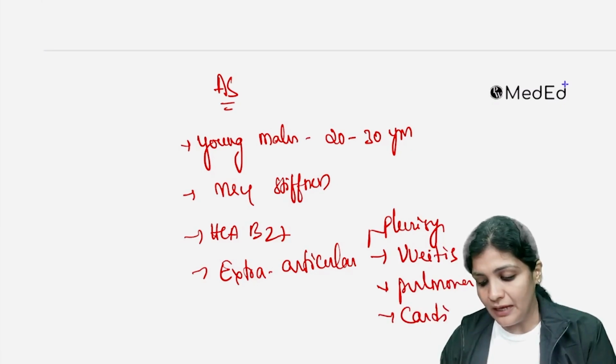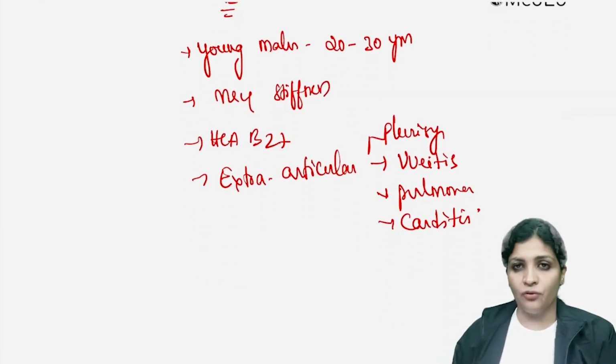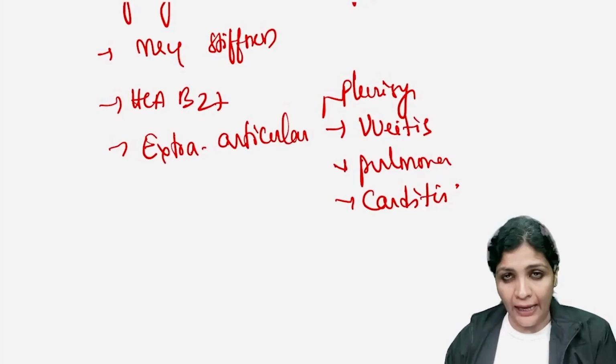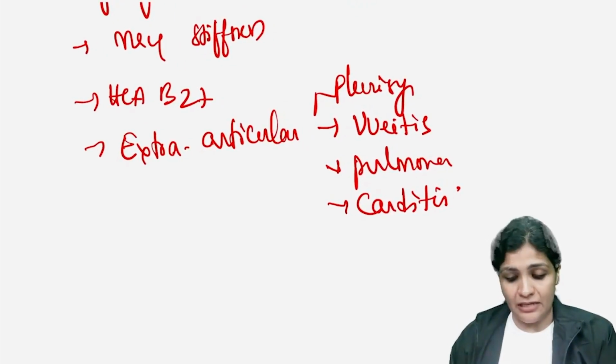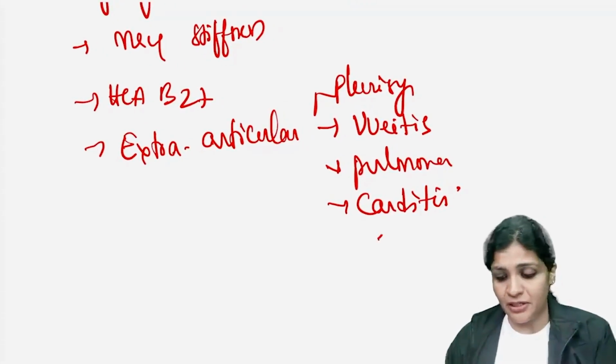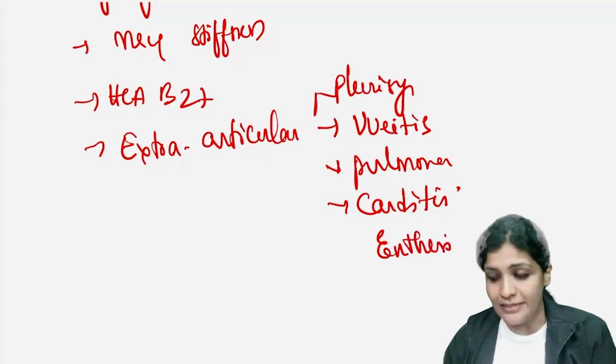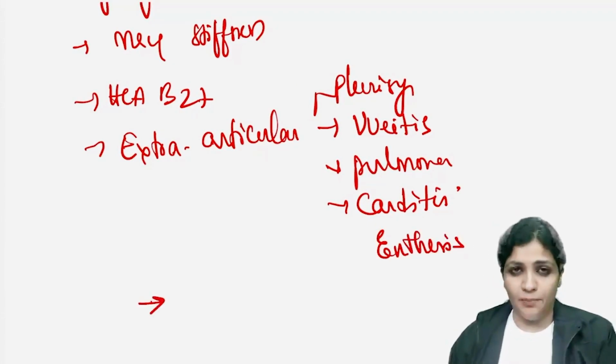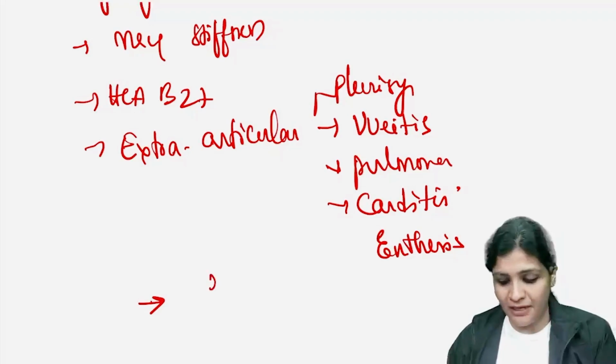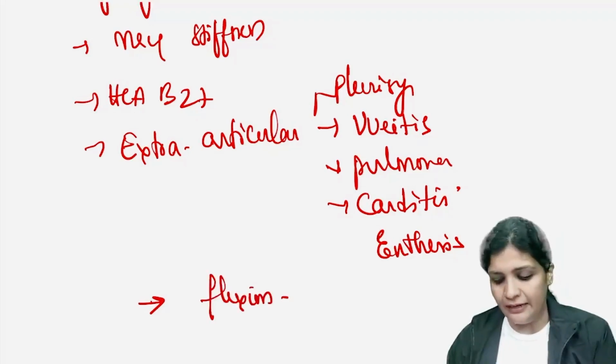They also present with carditis, that is involvement of your heart, your eye, your lung, right? And these are all the extra-articular manifestations. Enthesitis we have already discussed. And then they present with fusion of the spine, so flexion is reduced.